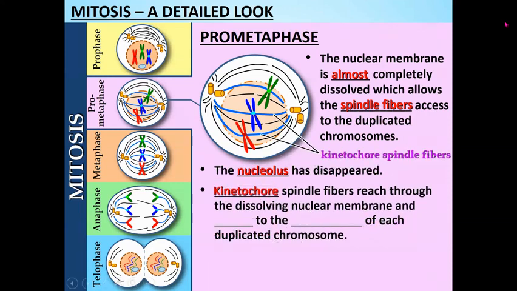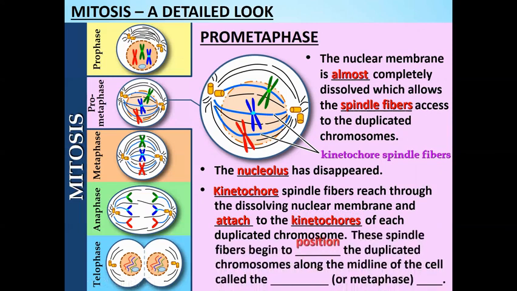The spindle fibers reach through the dissolving nuclear membrane and attach to these pieces right here, each duplicated chromosome. The spindle fibers begin to position the duplicated chromosomes along the middle of the cell, called the equatorial plate.